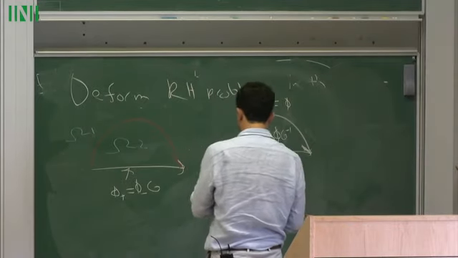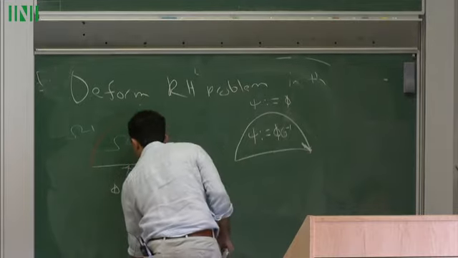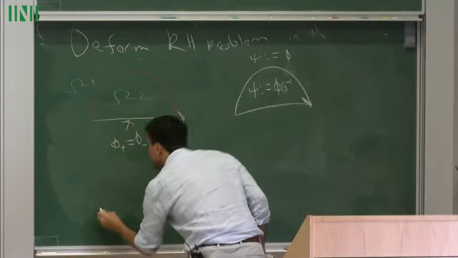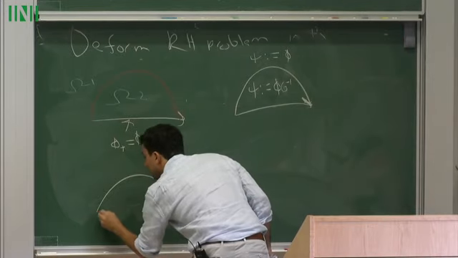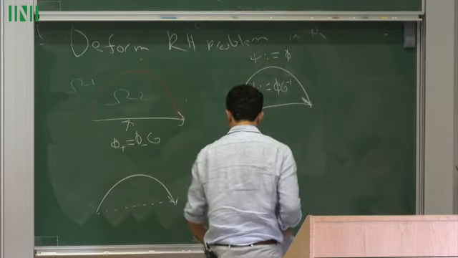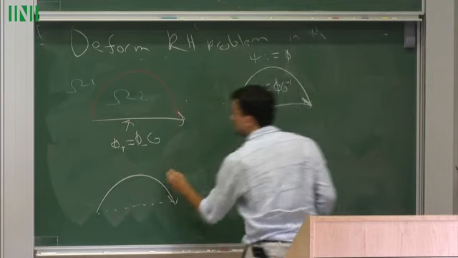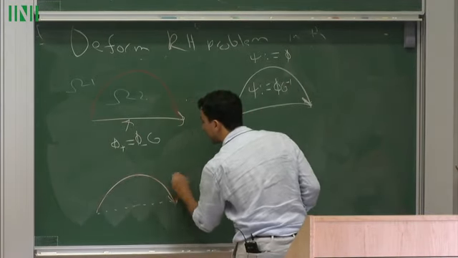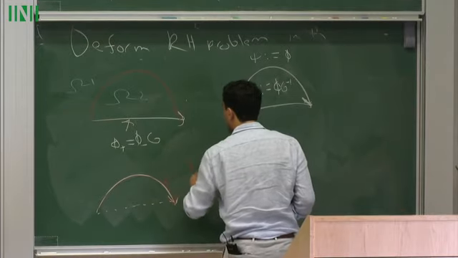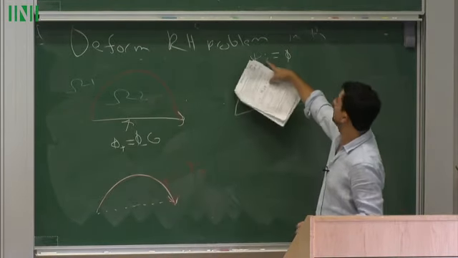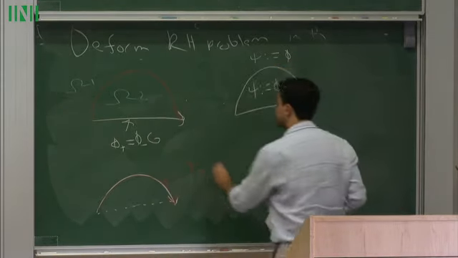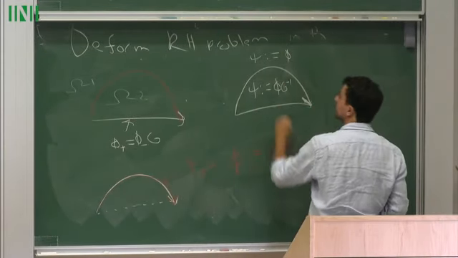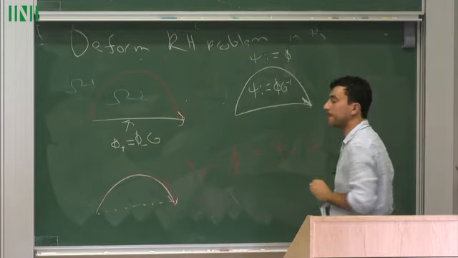So what jumps does psi have? On this red line, it satisfies psi plus, which in omega 1 is just phi, which is equal to psi minus times g.